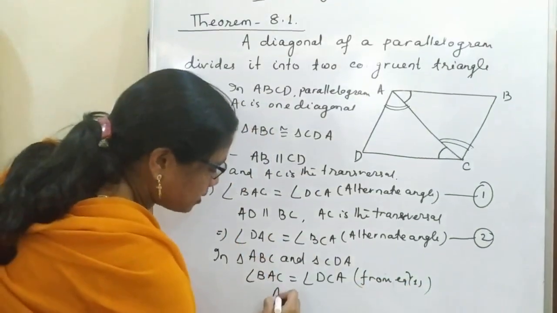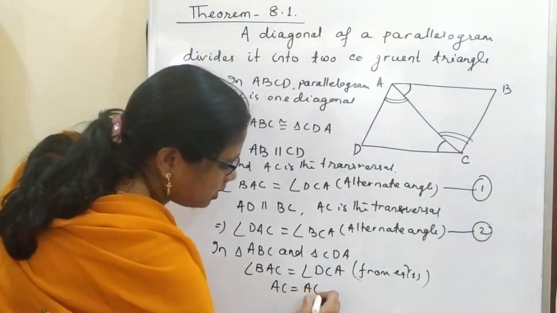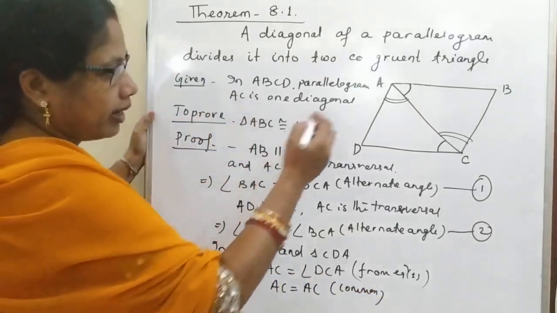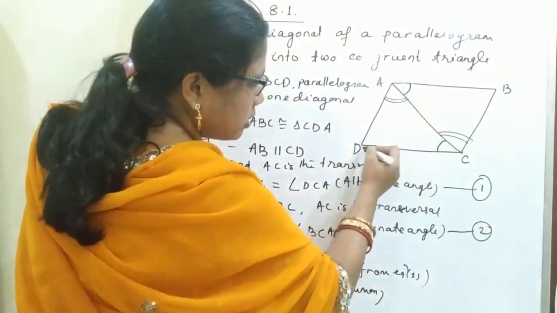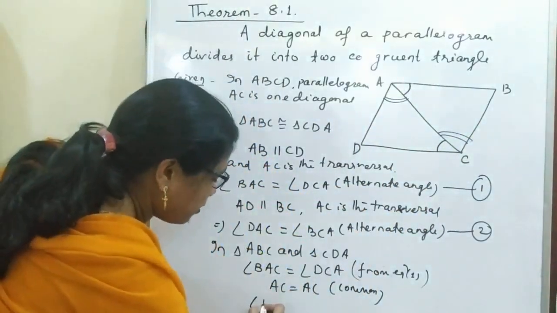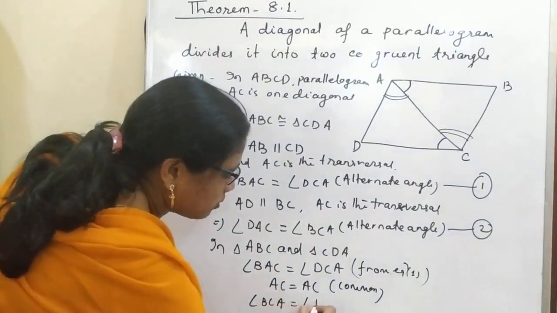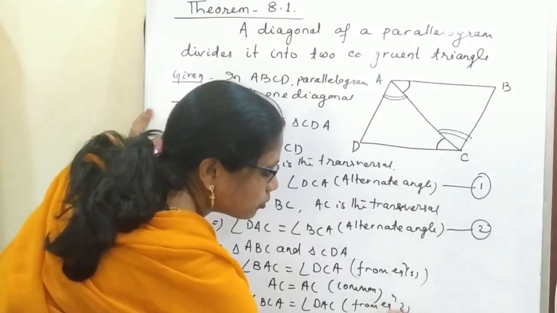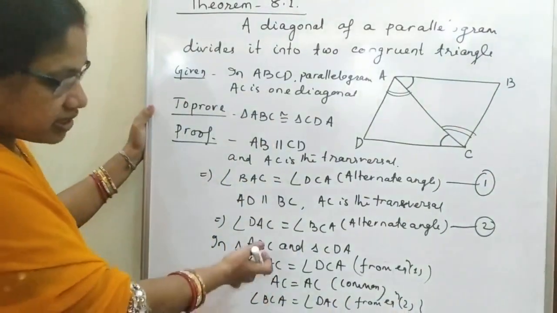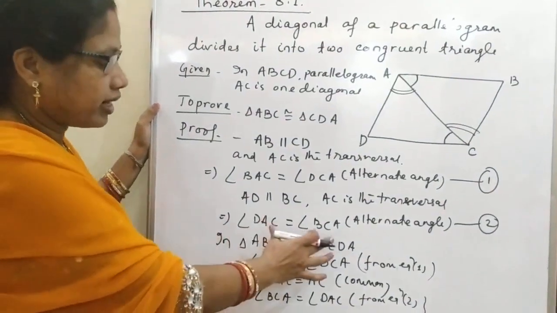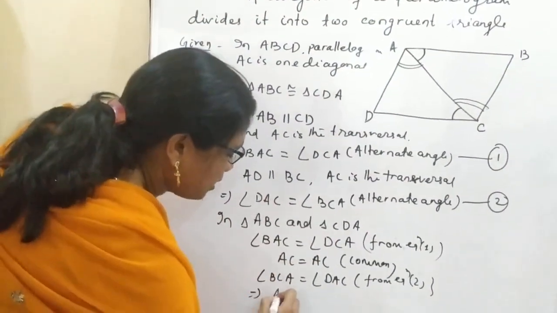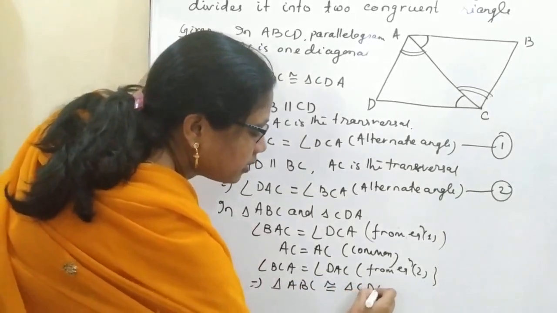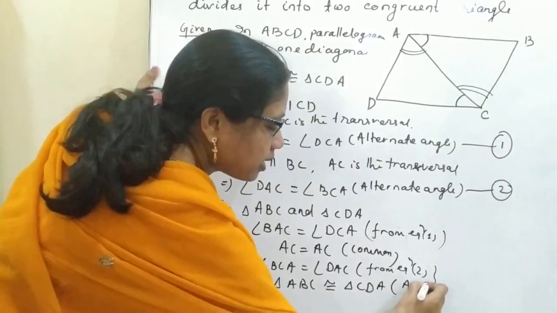And AC is common to both the triangles, AC is equal to AC. And angle BCA is equal to angle DAC from equation 2. So by these three conditions, the two triangles will be congruent. So this implies triangle ABC is congruent to triangle CDA by ASA condition.